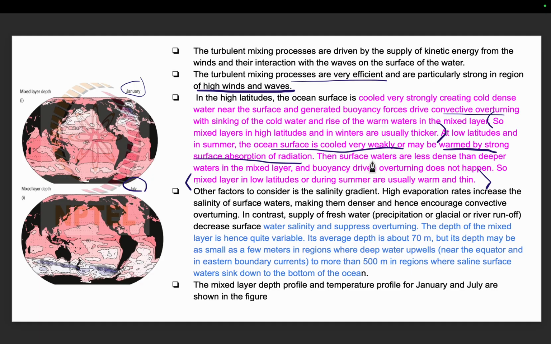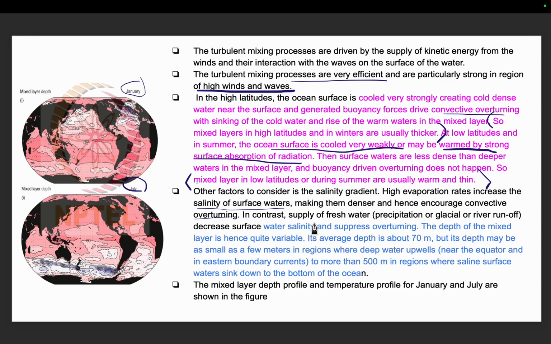Other factors to consider for upwelling or downwelling of water is the salinity gradient. High evaporation rates increase the salinity of the surface water, as only the water can evaporate. The salt is left behind, making the water denser, and hence encourages convective overturning.